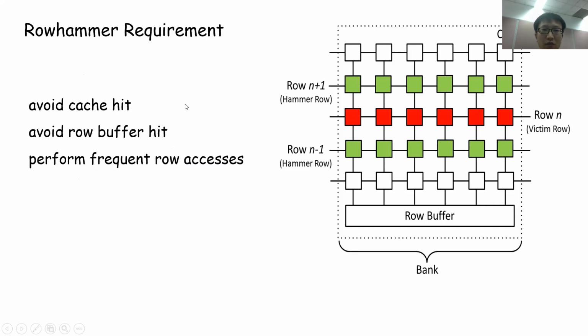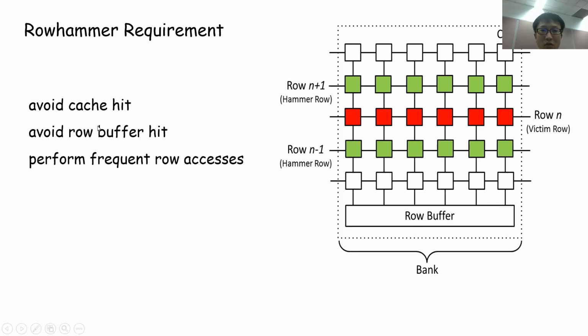To induce the bit flips, Rowhammer has three requirements. Firstly, the attacker has to avoid the cache hit, such that the DRAM accesses have to go through the DRAM memory, and this can be achieved by invoking the cache flush instruction.